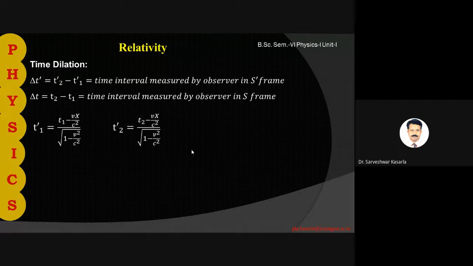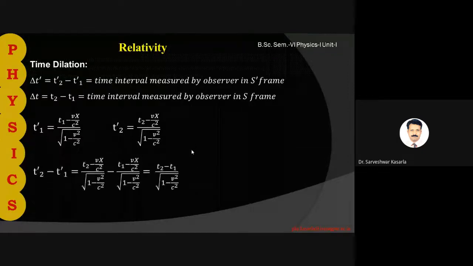And we know that by Lorentz transformation equations, t1 dash is equal to t1 minus vx upon c square upon under root 1 minus v square by c square, and t2 dash is equal to t2 minus vx upon c square under root of 1 minus v square by c square.